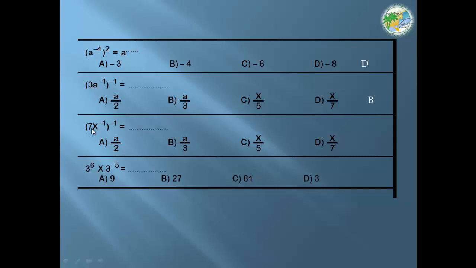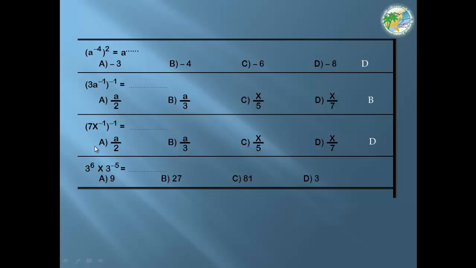Fine. Another question: 7x power negative 1 power negative 1. I said before, this power is for x. Then it will be 7 over x power negative 1, which equals, of course, x over 7.